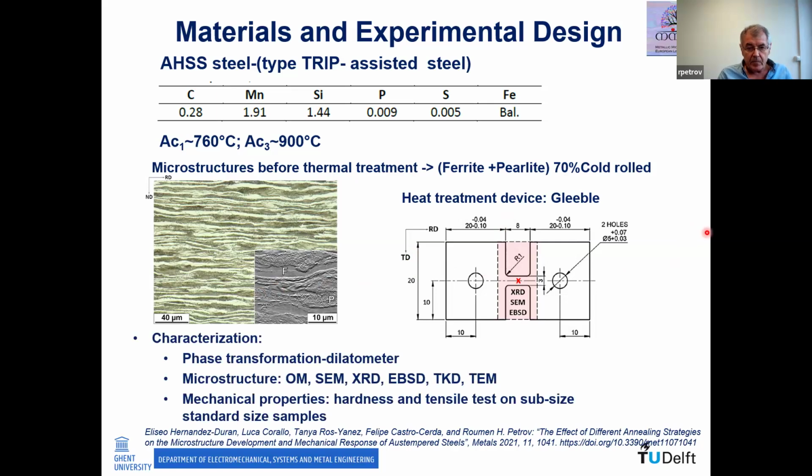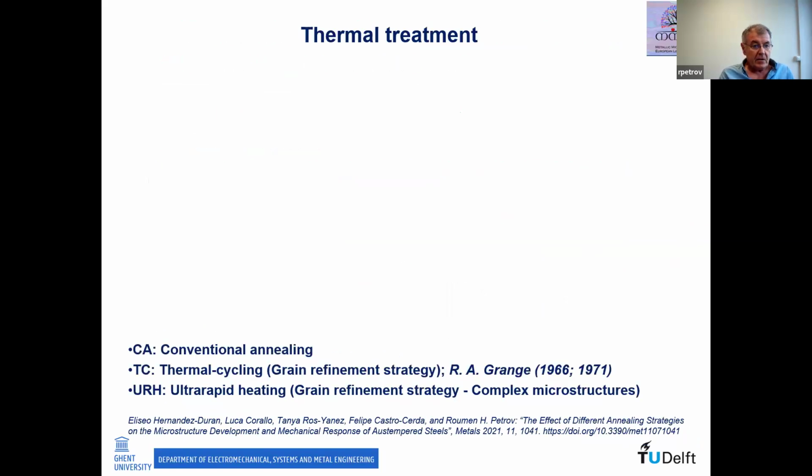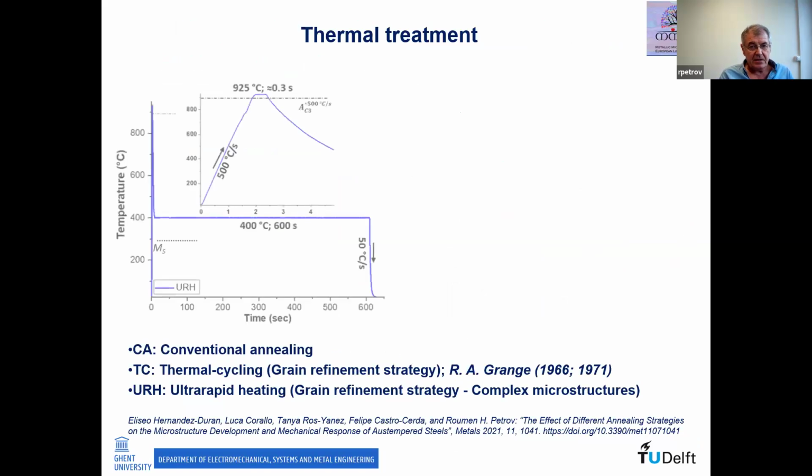And we did this story. And we put the cycles in the following order. First we have ultra-rapid heating with this scheme here, where the heating rate was 500 Celsius per second. This is part of the PhD of Eliseo Hernandez Duran. And we can see the entire paper here. 0.3 seconds approximately is the time, you just switch the circuit and go to cooling mode here.